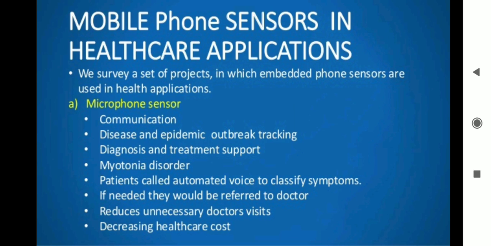Then you already heard about the magnetometer sensor. A digital compass is usually based on a sensor called a magnetometer, which provides the mobile phone with a simple orientation in relation to the earth's magnetic field.